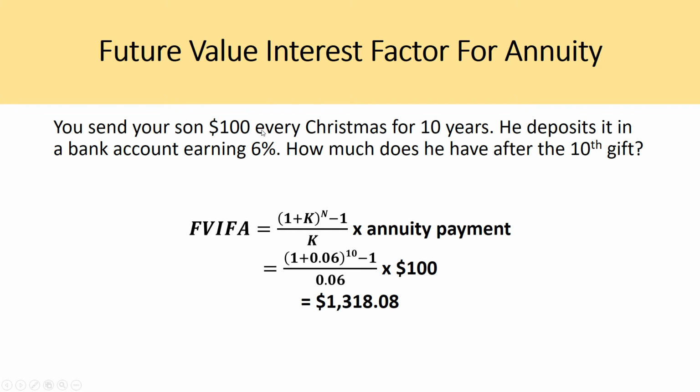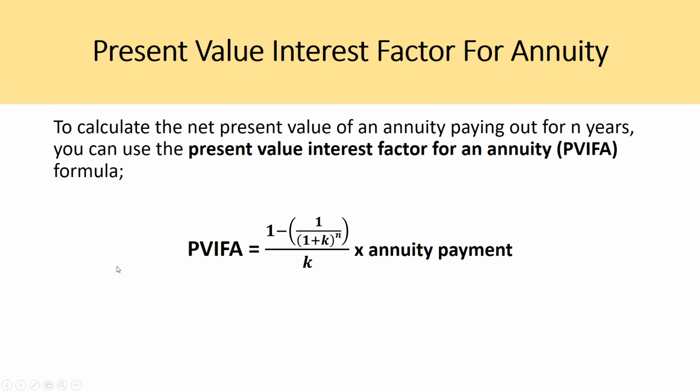So if your son receives $100 every Christmas for 10 years, and he invests those $100 into a bank account earning 6%, after 10 years, his net savings will be $1,318.08.